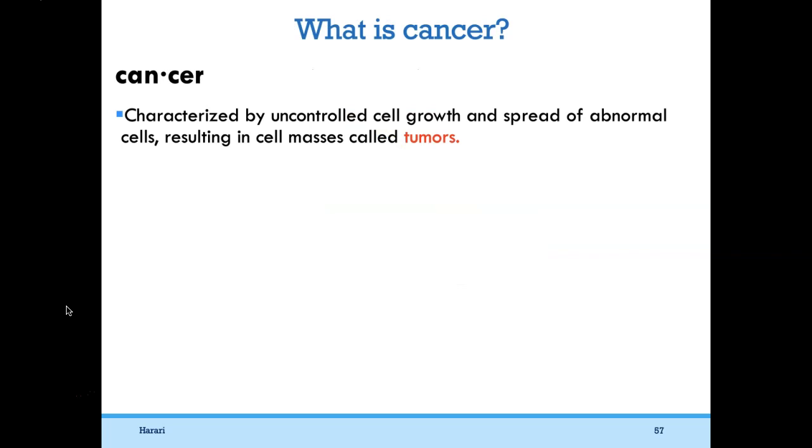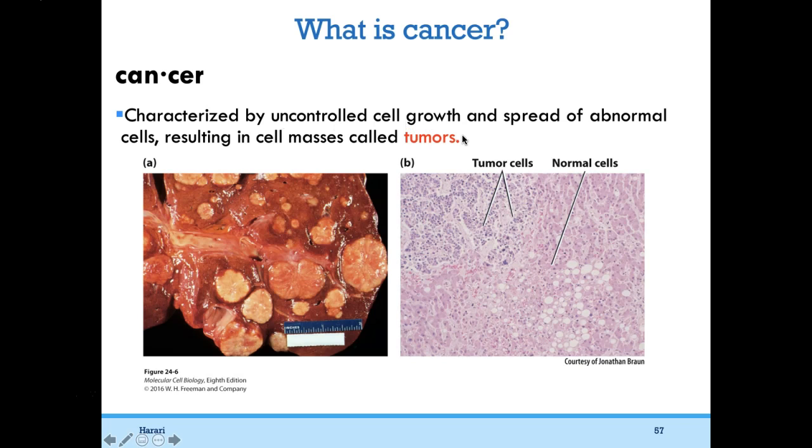So what is cancer? Cancer is characterized by uncontrolled cell growth and the spread of abnormal cells, resulting in cell masses called tumors. The key word here is uncontrolled, right? There's uncontrolled cell growth. So over here, you can see that there are clear differences between these tumor cells that stain differently and normal cells.